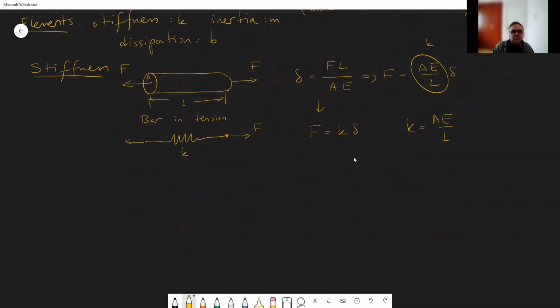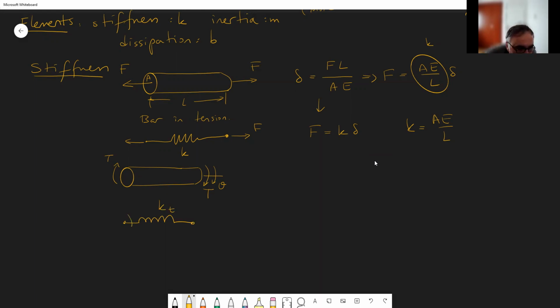Similarly, if you have a torsional bar, like here, let's say you have a T here and T here, and this rotates with theta. Again, we can represent this by a torsional spring, KT.